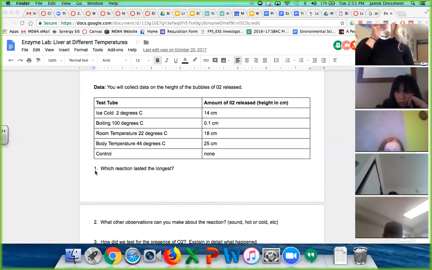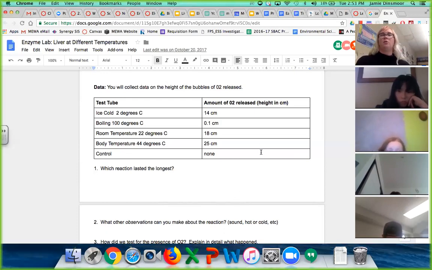It looks like water. Doesn't smell like water, though. So no, we see nothing. So for our control, what are we going to write for how many height in centimeters bubbles were produced? 0, right? Which is great because now we have a really easy control. Our control was 0, so if we have anything other than that, it's something, right?